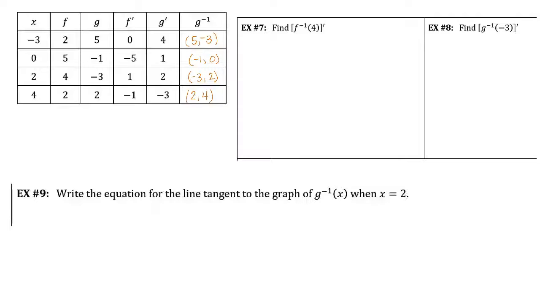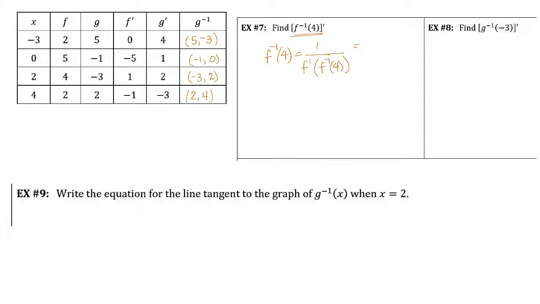And again, just in general, if we wanted to find the derivative of the inverse at 4, what we need to remember here is that our formula is going to tell us that if we need f inverse prime of 4, that's really going to be 1 over f prime of f inverse at 4.